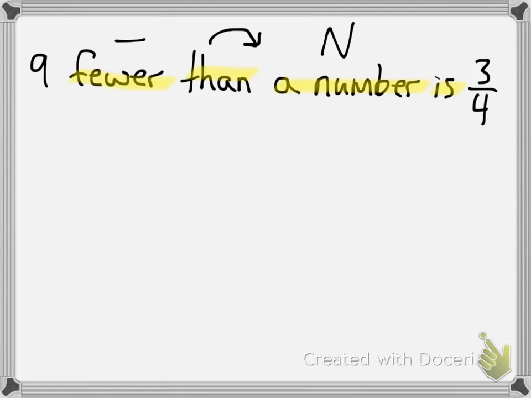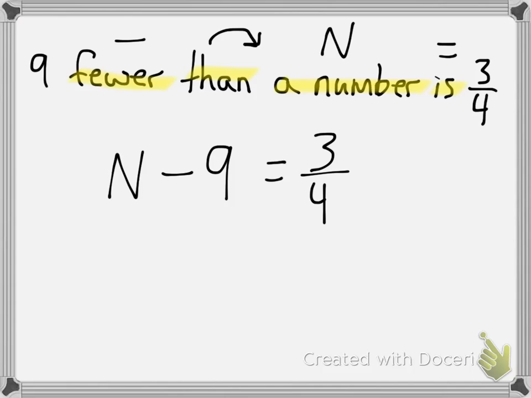Then is, as we said, what does it equal? Is means equal. So when we put that into an equation, it's very simply a number, n, minus 9 equals 3/4.